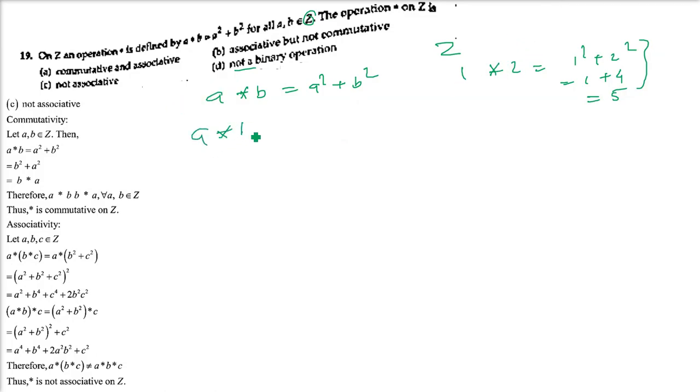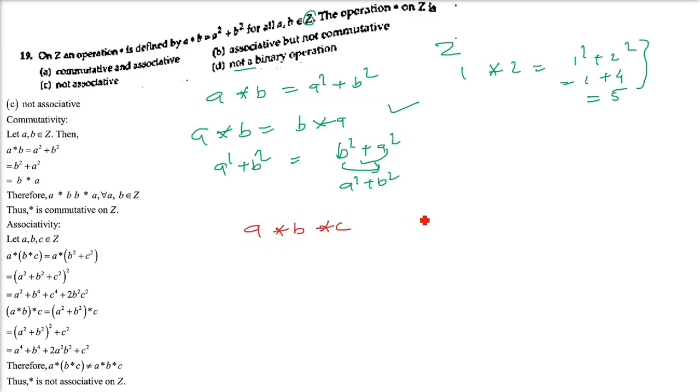Coming to the commutative part, a square plus b square is equal to b square plus a square. This will always be true, because 1 square plus 2 square and 2 square plus 1 square is the same value. Coming to associative, we operate a, b, c pairwise: first a, b, then b, c.